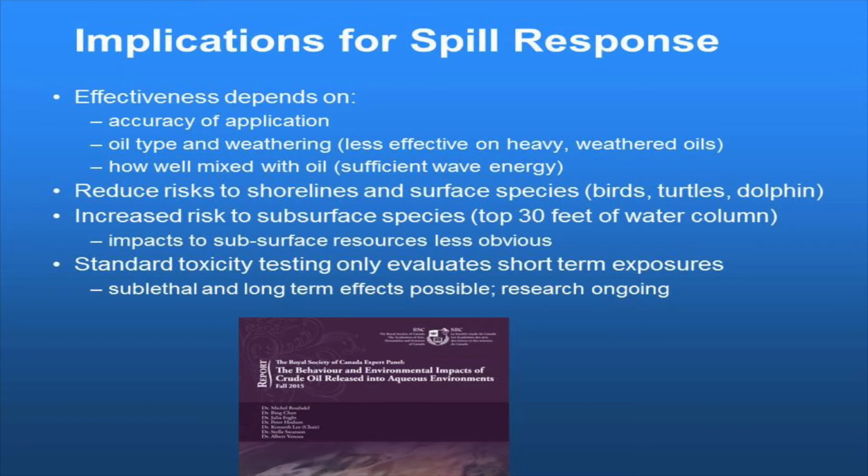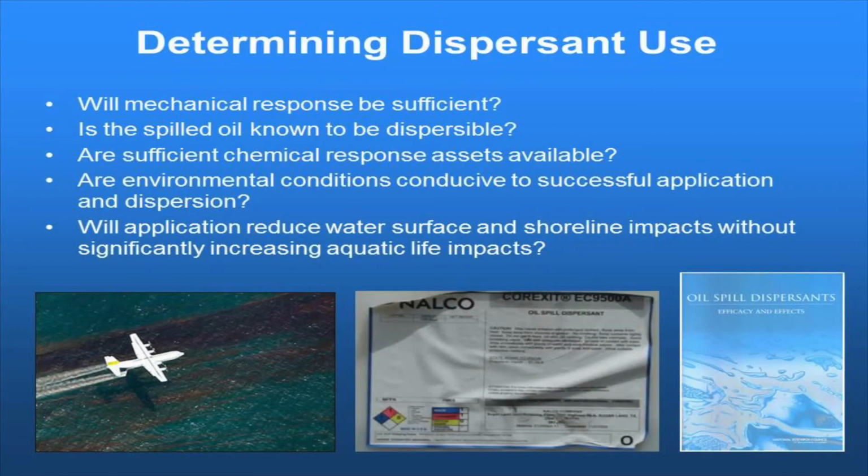With standard toxicity testing, with these little lab tests, these bench scale tests, we are only evaluating short-term toxicity. Sublethal long-term toxicity, like was more the scenario for Deepwater Horizon, these tests don't really assess that. And then finally, these are my suggestions of questions you might ask yourself, based on a lot of years of dispersant field and laboratory research.